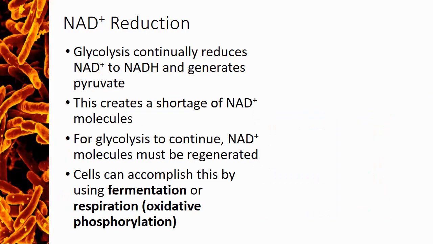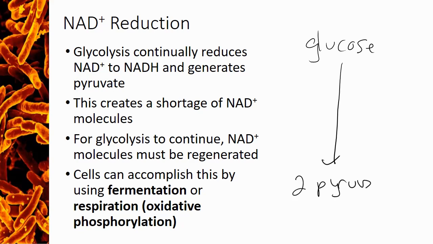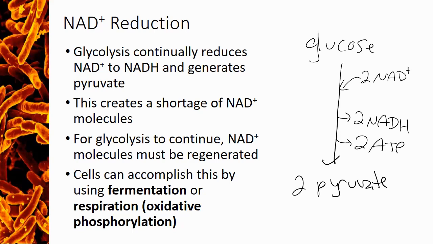Remember from the last video that in glycolysis, a molecule of glucose is broken down to 2 molecules of pyruvate. In this process, we also produce a net yield of 2 ATP and 2 NADH. Remember that those 2 NADH are formed because 2 NAD+ molecules come in to pick up the electrons as glucose is being oxidized.